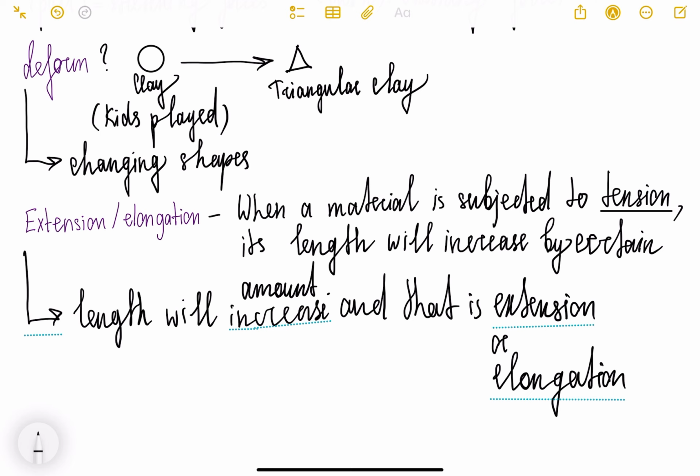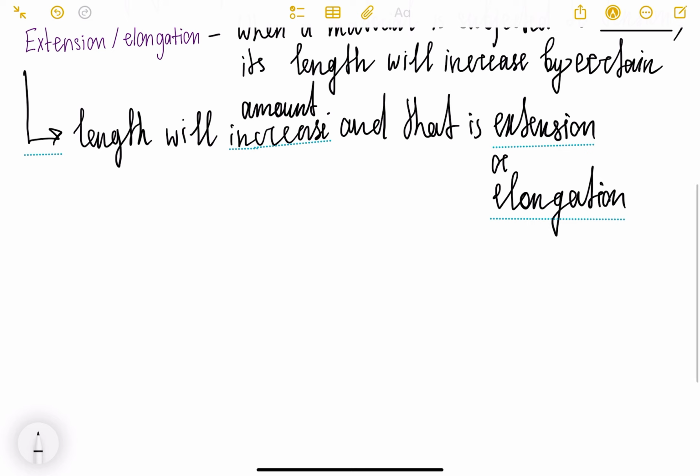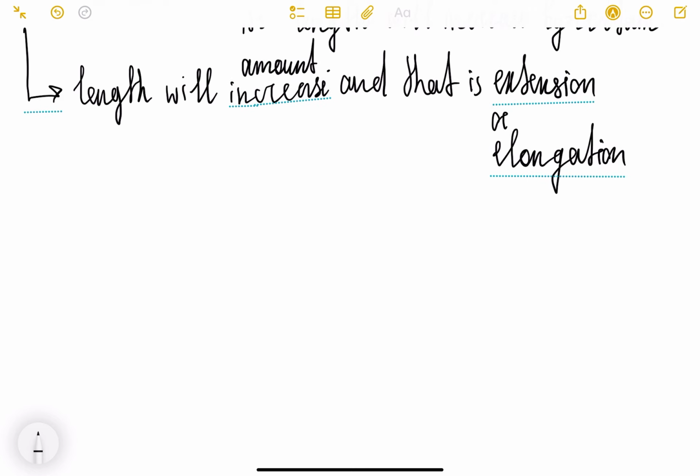Okay, let's now move to the author's words. So it is especially important to understand the performance of materials in tension, as their tensile strength is usually lower than their compressive strength.